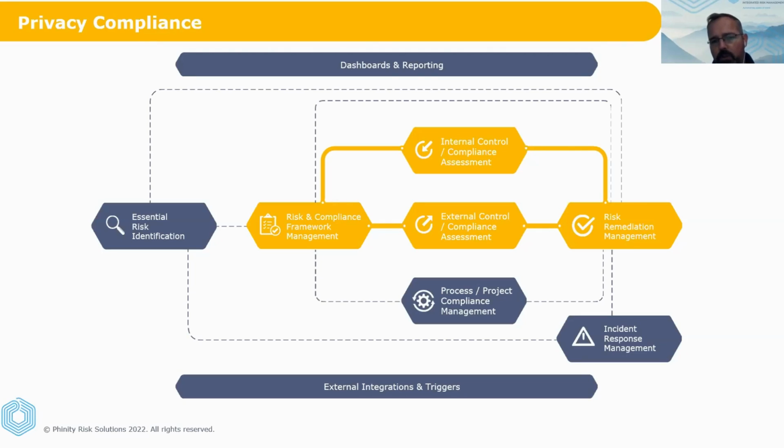It allows you to create it in such a way that you can assess at an organizational level, at a department level, at a sub-process level, that you're able to do your external control assessment from a third-party perspective, and that you're also able to use multiple risk and compliance frameworks. So again, it doesn't have to be just privacy. And then finally, in terms of your risk remediation management, everything feeds back into the remediation phase so that you're actually able to track and treat each one of those items through to remediation.